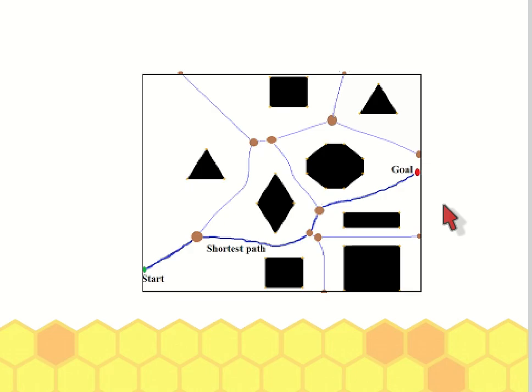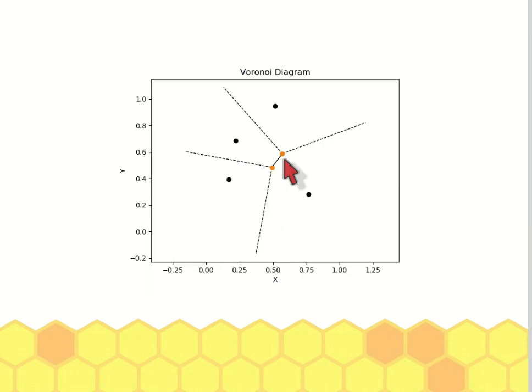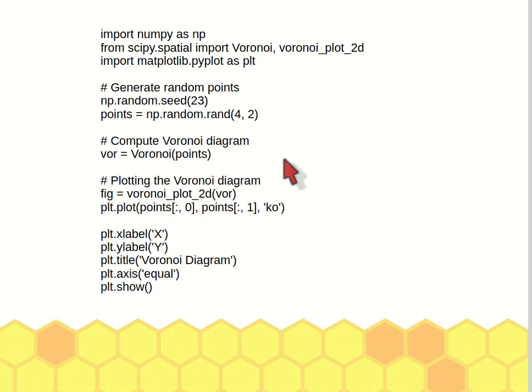Another example of a Voronoi diagram. This is another one, generated using this code.